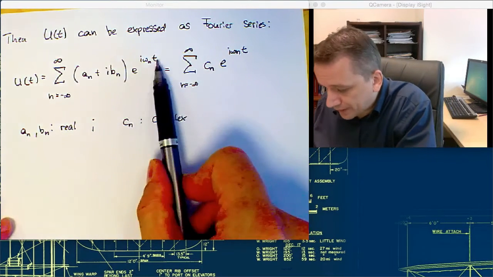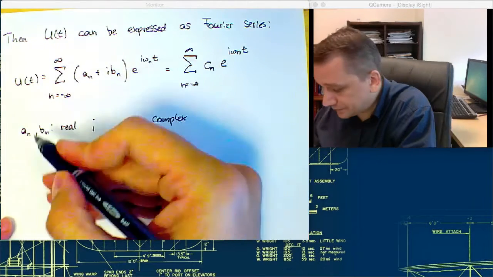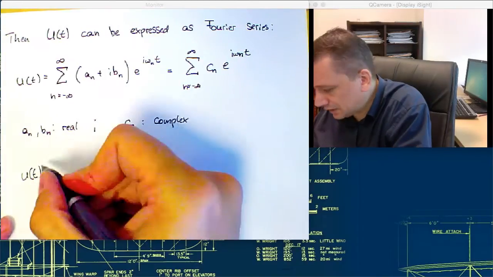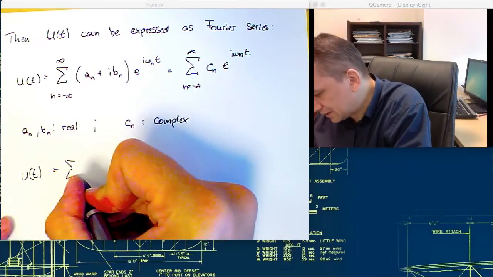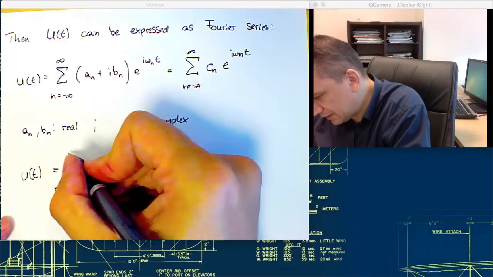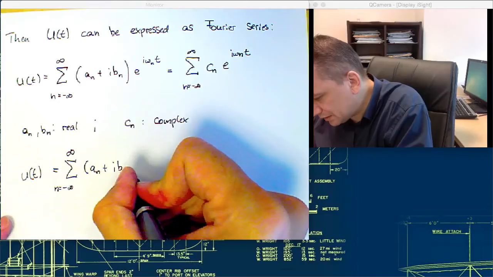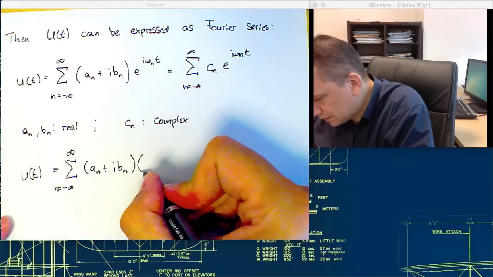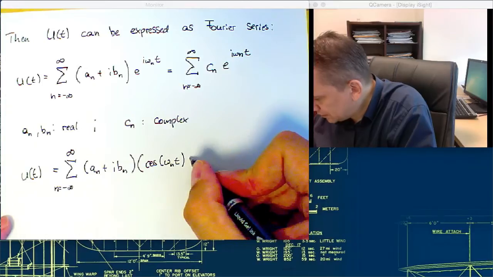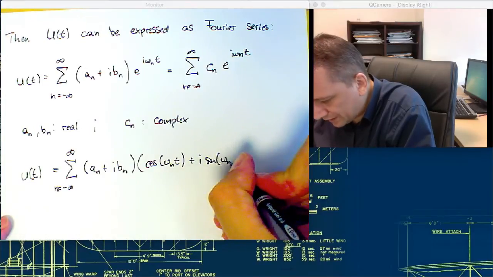Okay, so I can now express this one here in terms of cosine and sine. And I have u of t is the sum from minus infinity to plus infinity of an plus i bn, cosine omega nt plus i sine omega nt.